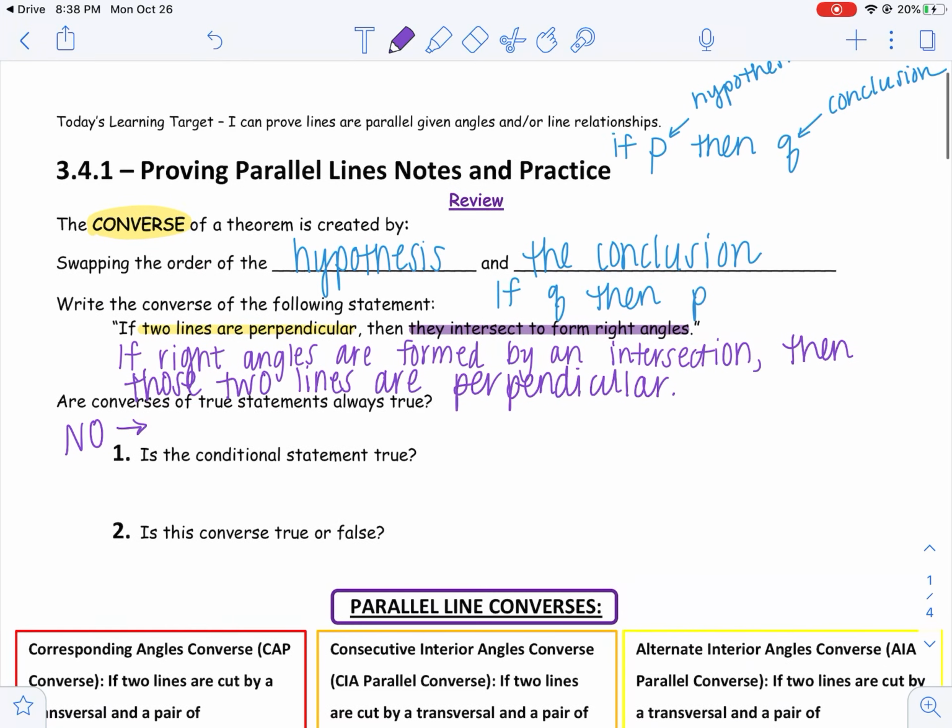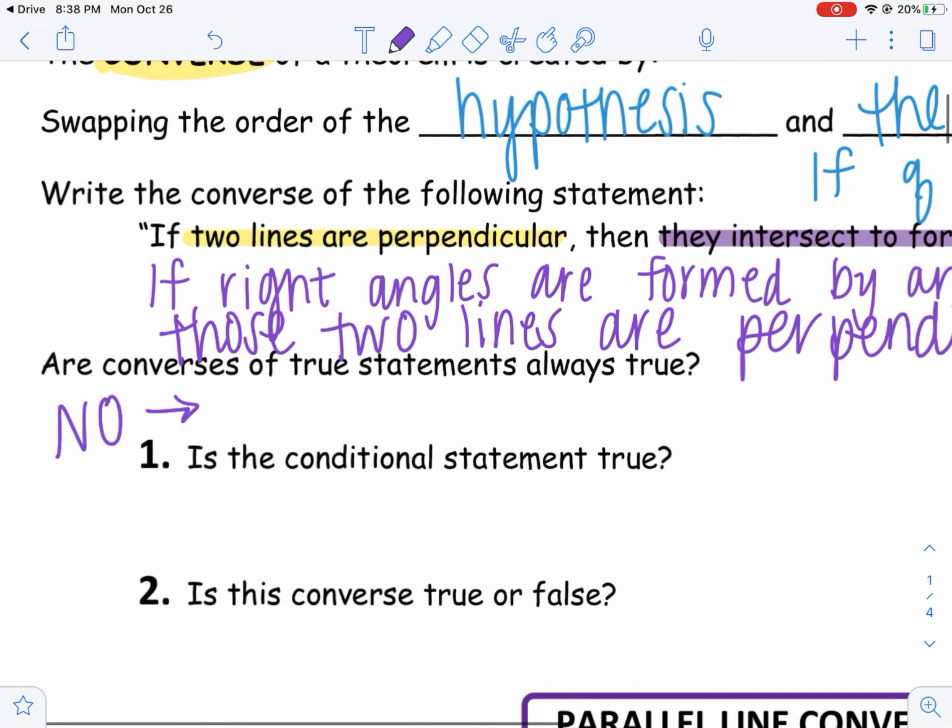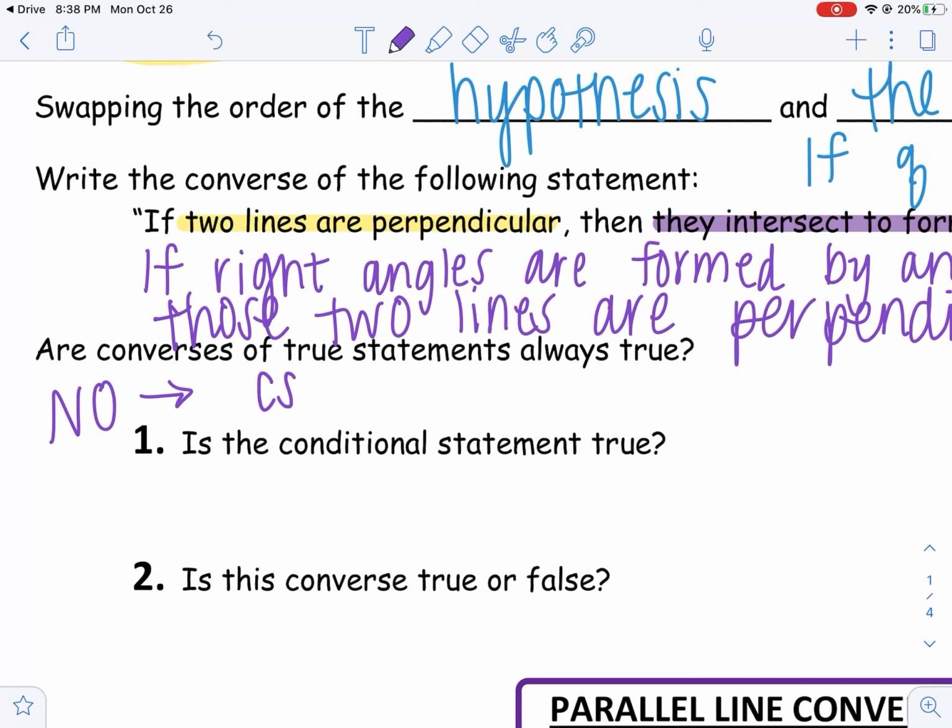Okay, so conditional statement could be, if you, here we go. Sorry. Once again, like I said, brain's fried.